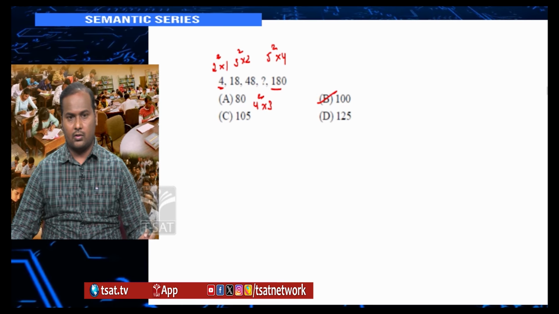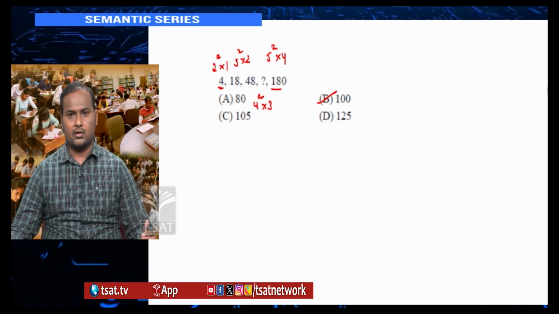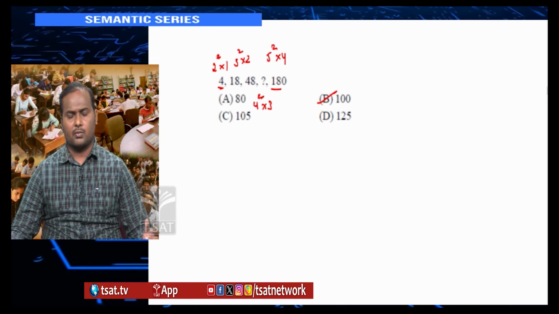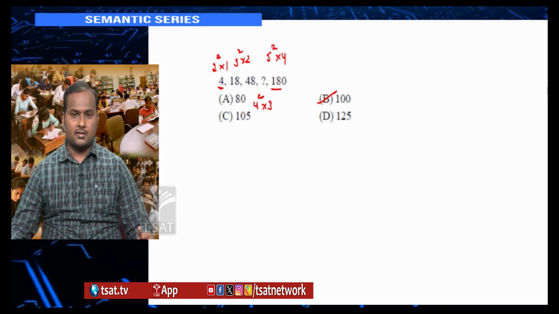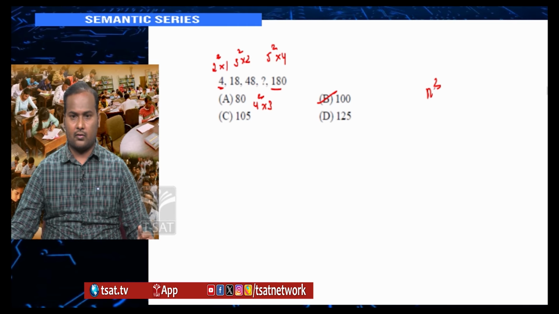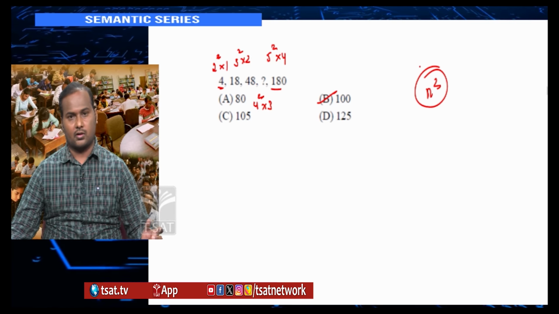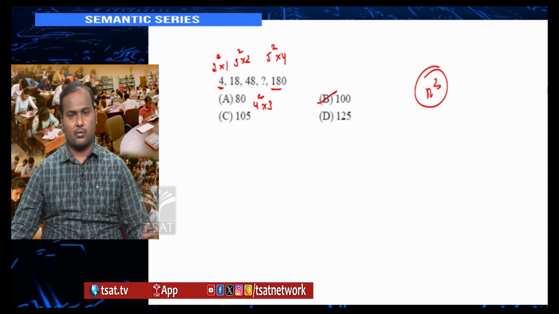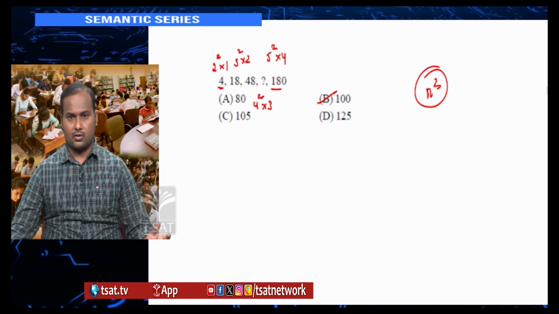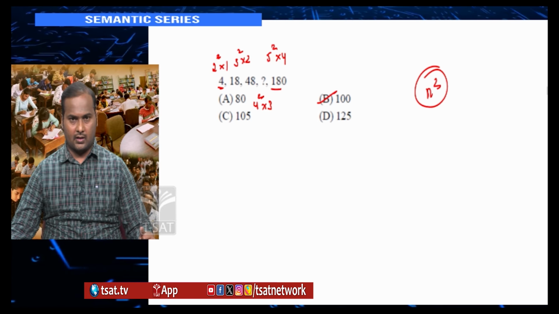So, in this case you need to identify the sequence, how it is increasing. Whenever there is a huge jump involved, some kind of multiplication is involved. See, generally in the SSC, I said that the questions will be in the format of n squares, not only the additions and subtractions, that is n square plus n or n square plus 2 or n square plus 3 or n square minus 1 or n square minus 2 or n square minus 3. Apart from this, n square plus n and n square minus n I said.